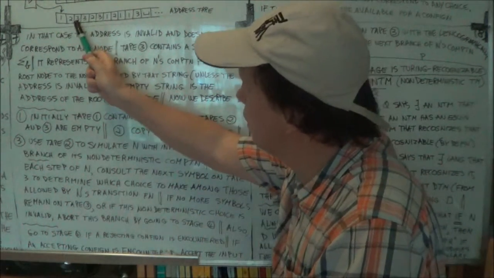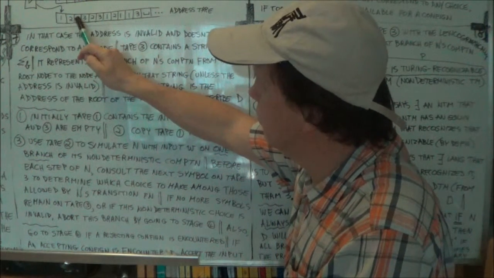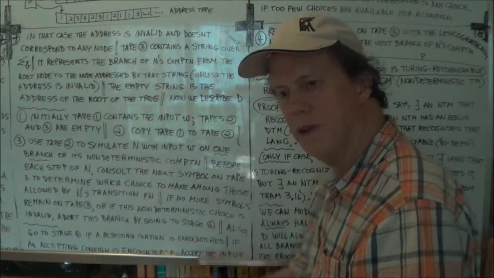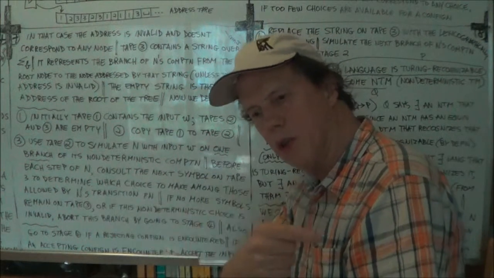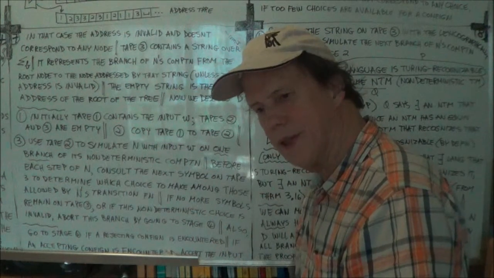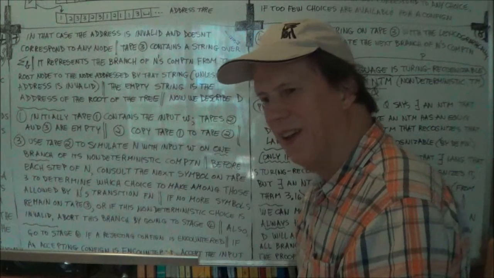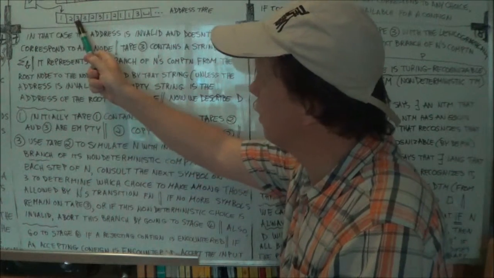So the 3 here, for that particular node, the child node for this one, would be the third choice in your rule, right? Your transition function will return a set of tuples, and there may be several of them. So you would choose the third one.